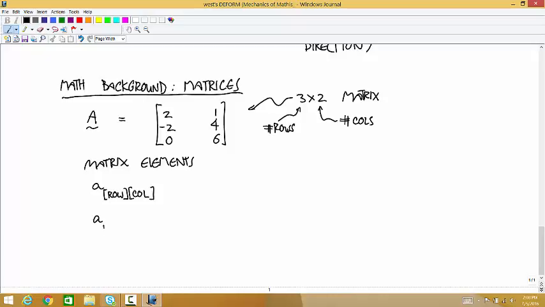So like A11 is the element in the first row, first column, so that's equal to 2. A12 is equal to 1. A21 is -2. A22 is 4. A31 is 0. And A32 is 6.